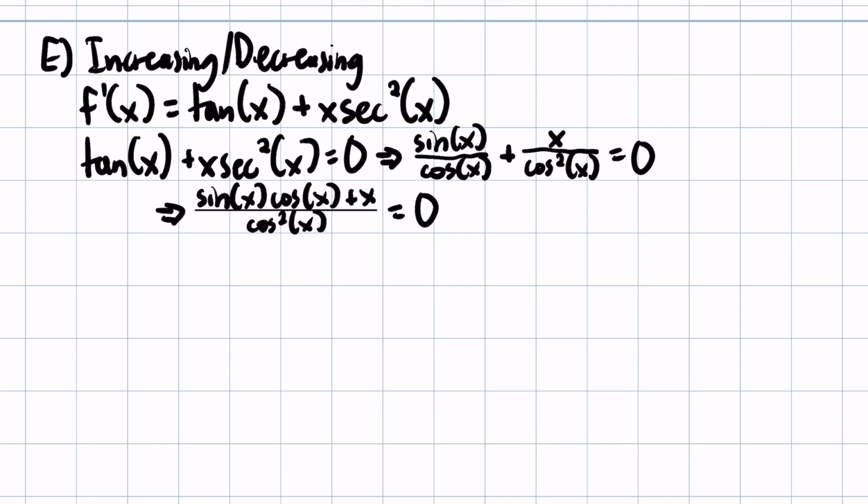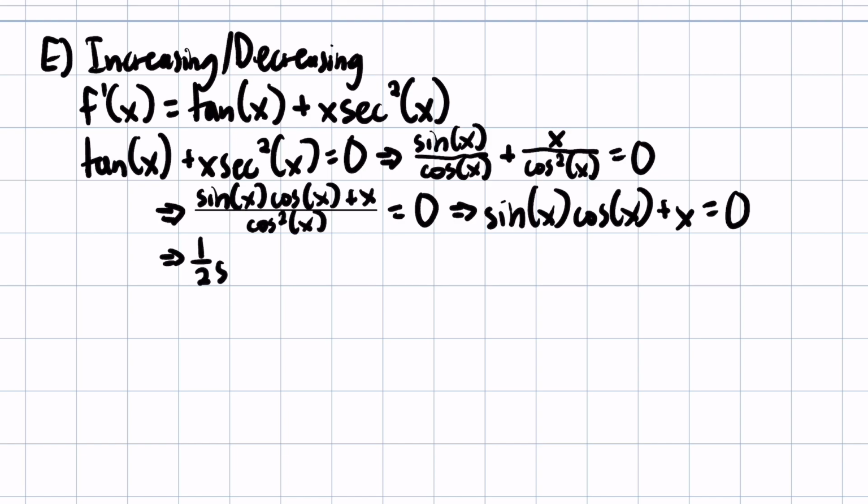And from there, we can get rid of the denominator, right? Just multiply both sides by it, and we just have sine of x cosine of x plus x equals 0. Now, we can use one of our trig identities here. Sine of 2x is going to be 2 sine of x cosine of x. So dividing that by 2, we can replace this with 1/2 sine of 2x.